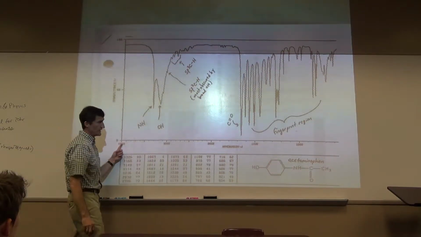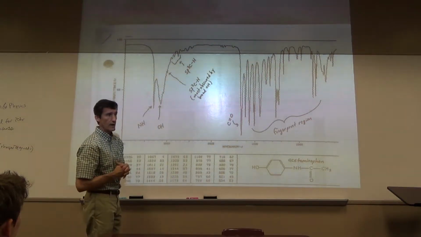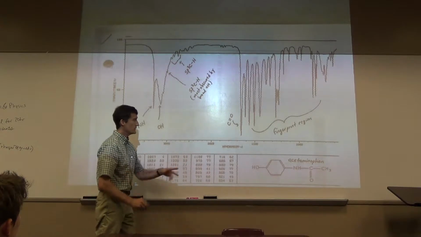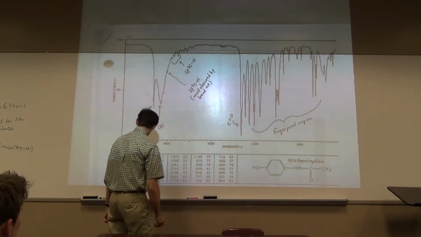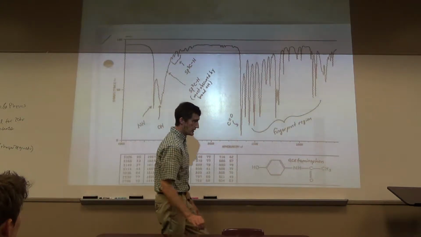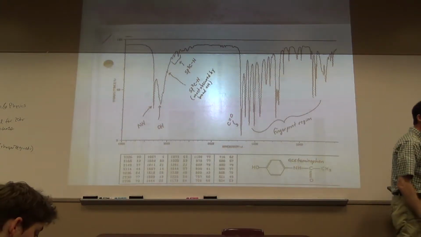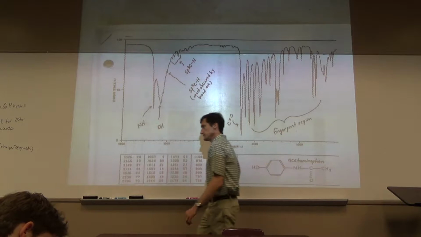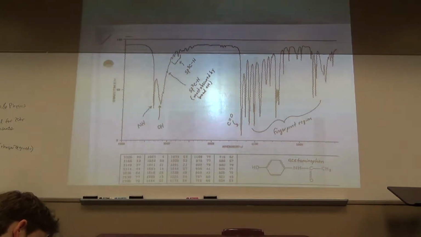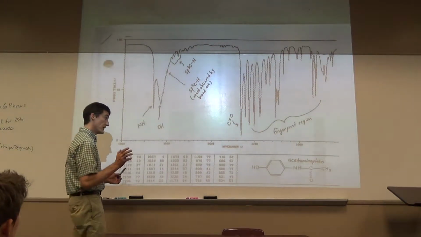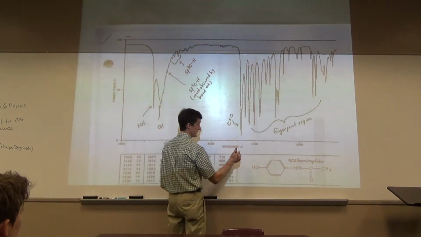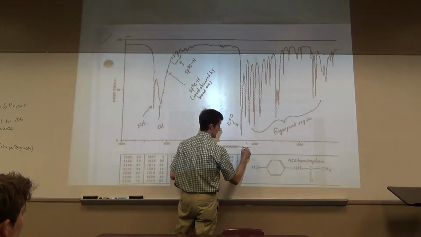This goes from 4,000 to about 400 wave number. Wave number is in units of reciprocal centimeters, 1/centimeter. When we say centimeters, it sounds like we're talking about wavelength as opposed to frequency, but it's not exactly wavelength, it's 1/centimeter.